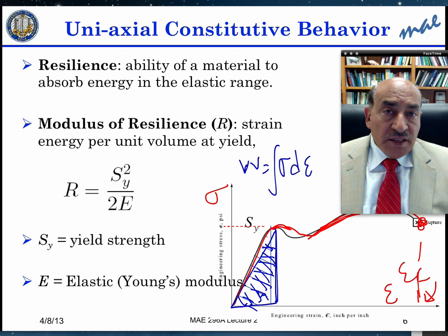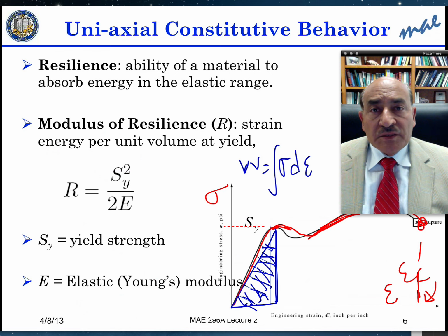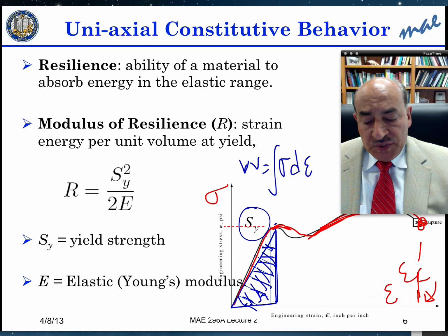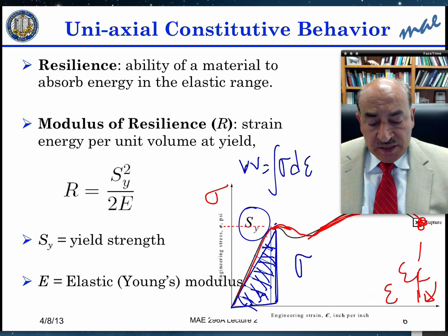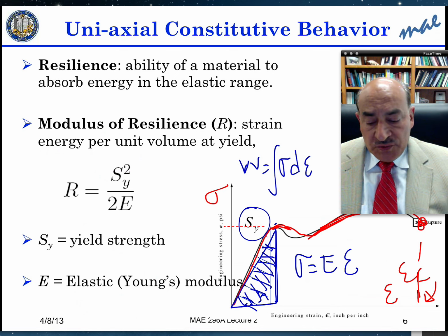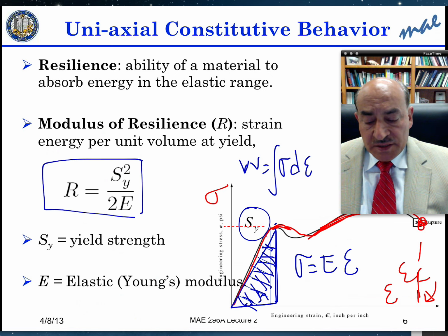This is an easy process because the relationship is linear, and therefore we just calculate the area of the triangle, which is half times the width times the height. The height is S yield, the yield strength of the material, and the relationship between the stress and the strain is that sigma is equal to E times epsilon in the elastic range, and from that we get this quantity.